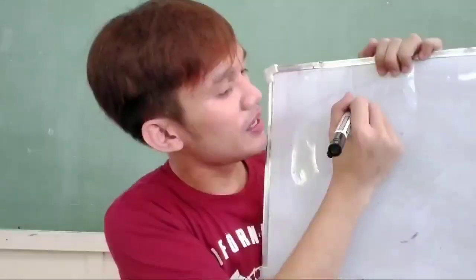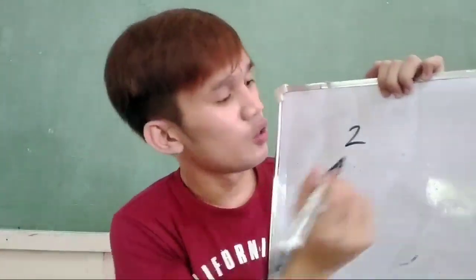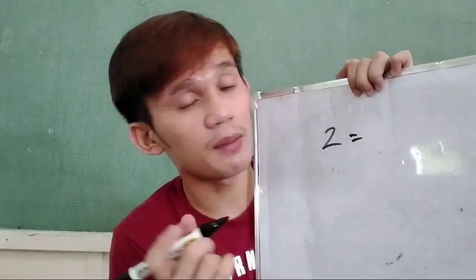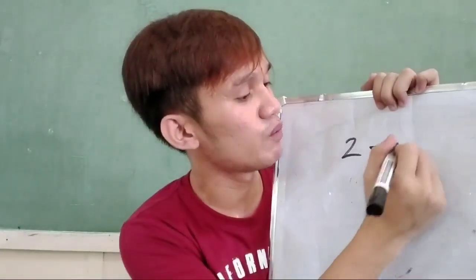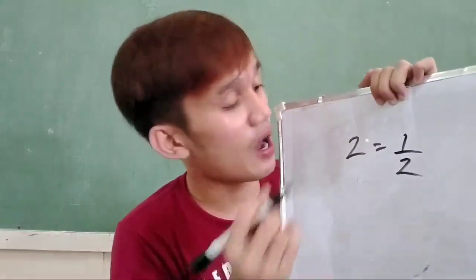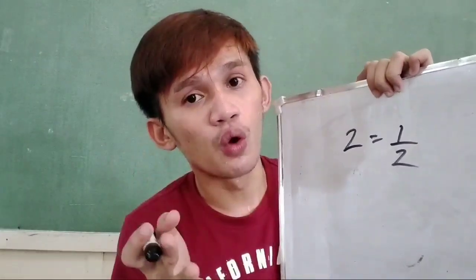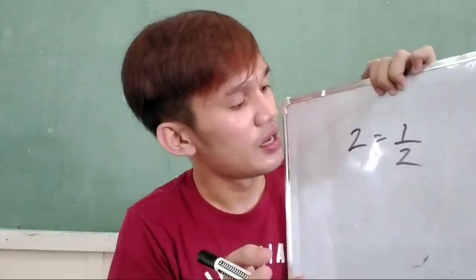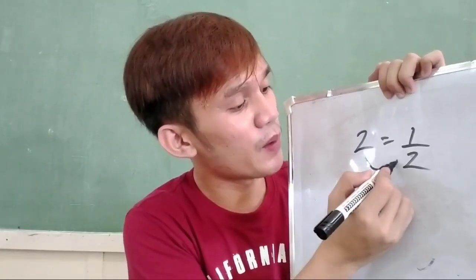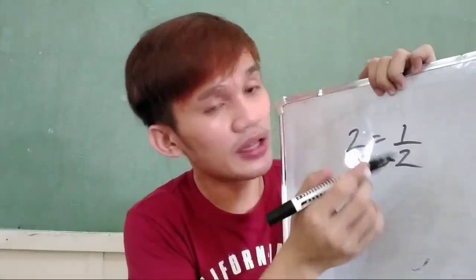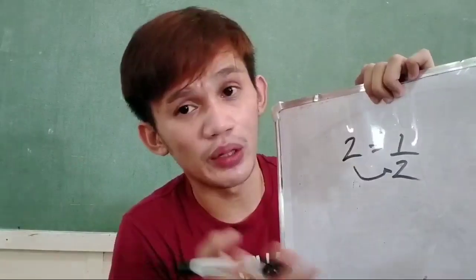So let us have an example. Suppose that we have this number 2. Let us try to get its multiplicative inverse. The multiplicative inverse of 2 is 1 over 2. And from the property, if we get the product of these two, the answer will be 1.